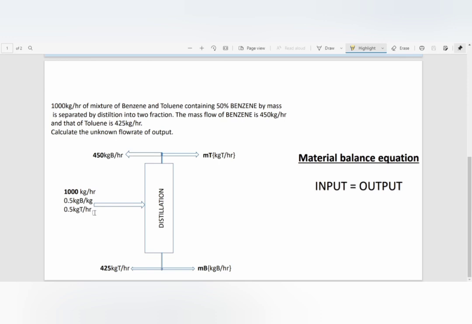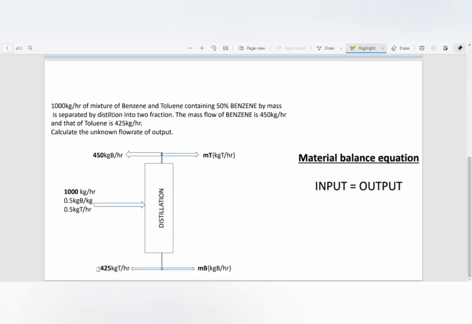The benzene at 450 kg per hour is mentioned in our diagram at the top left outlet. The 425 kg per hour of toluene mentioned in the question is shown in the diagram at the bottom left outlet stream.